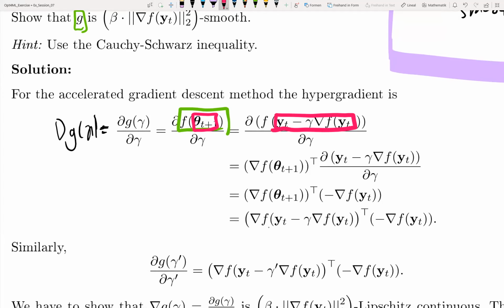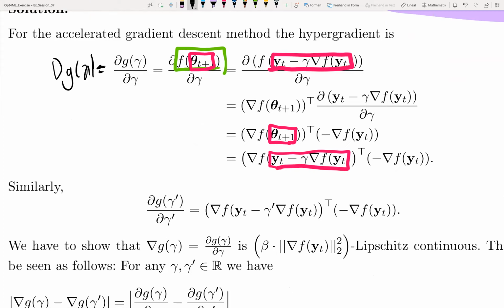So to stress this a bit more, we can also change here the name of the input parameter, perhaps gamma prime. Yeah? Let's call it gamma prime and consider the derivative. You get exactly the same, with the only difference that you have here a gamma prime instead of the gamma. You simply have renamed it.